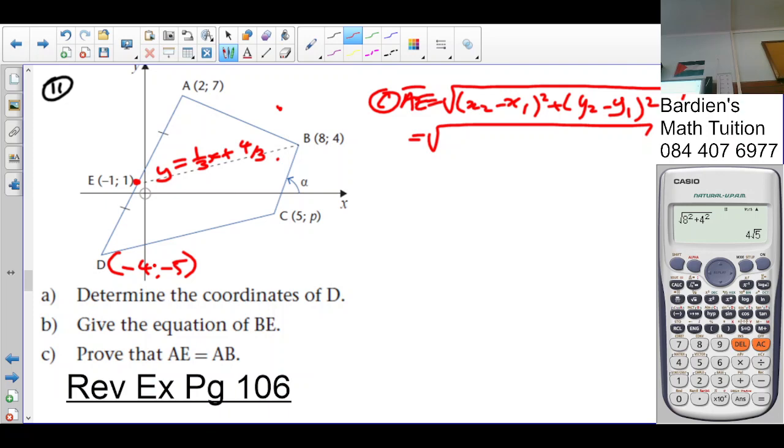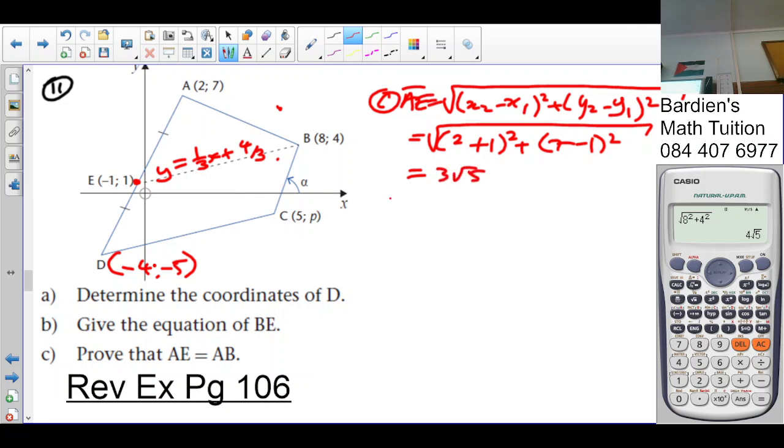So AE is 2 minus 1 squared plus 7 minus 1 squared. So it's 9 plus 36 is 45, so it's 3 root 5. Is that correct? Yes, 3 root 5.